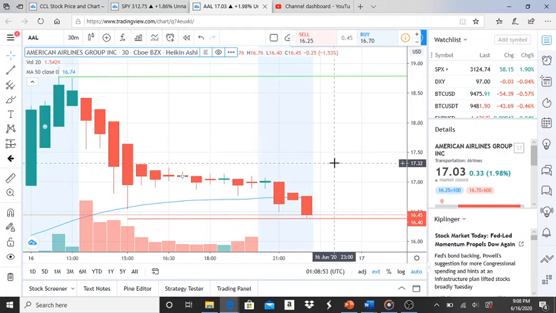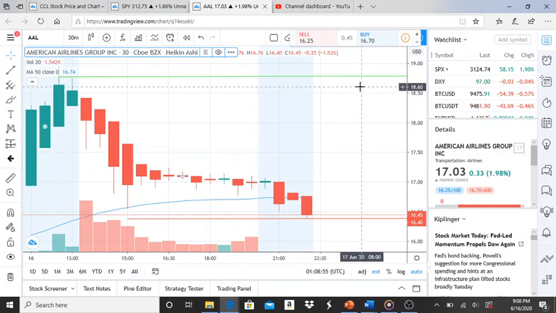Will it maintain itself there? That's why I'm pointing back to this resistance level, which is the true resistance level. It's the point where this stock was rejected and it got torn apart for the rest of the day. Until that's broken, this won't have a bullish run, and it won't use that as a support level.